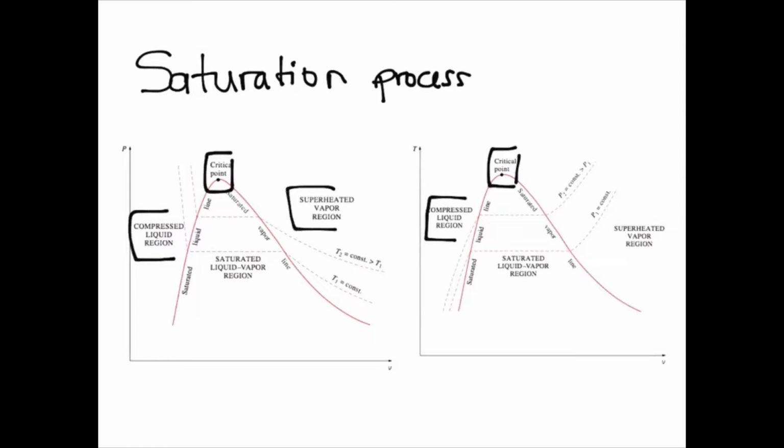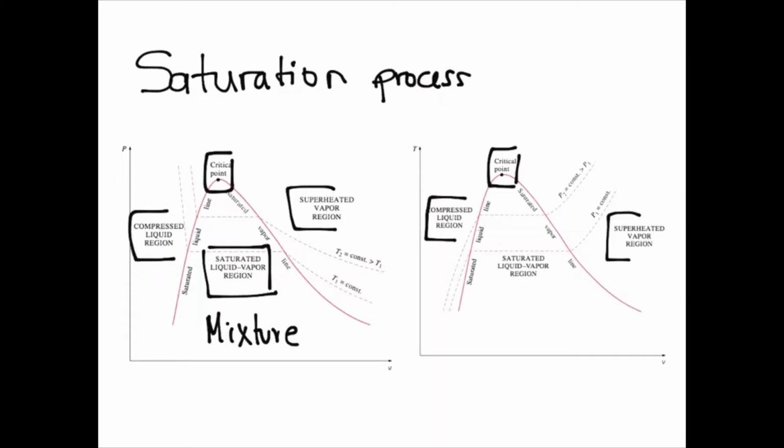This region is the superheated region, and in the middle we have the saturated liquid line and the saturated vapor line, and in the middle of those lines we have the saturated liquid-vapor region. What you have there is a mixture of both, liquid and vapor.